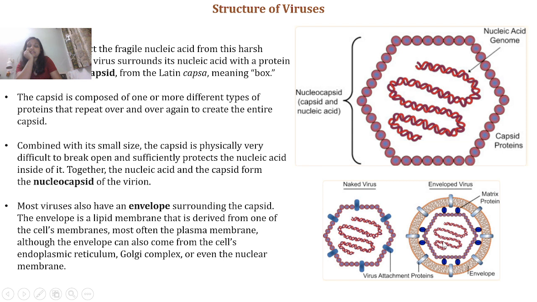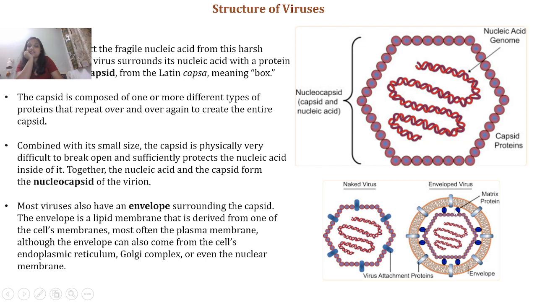Here you can see two types of viruses. One is naked virus. Here there are these capsid proteins and the nucleic acid genome, and the capsid is protecting it, and also there are virus attachment proteins with which it attaches to the receptors on the cell surface. And this is the enveloped virus, where the envelope is again surrounding the capsid. Generally this envelope is derived from the plasma membrane of the host cell, or it can be derived from other membranes like endoplasmic reticulum, Golgi complex, or even the nuclear membrane.